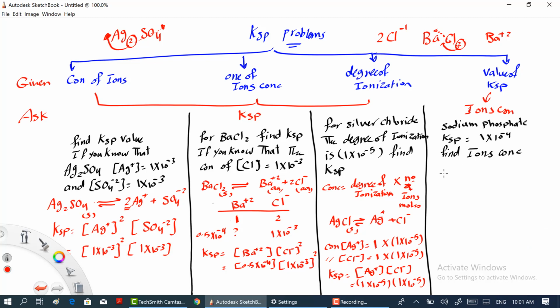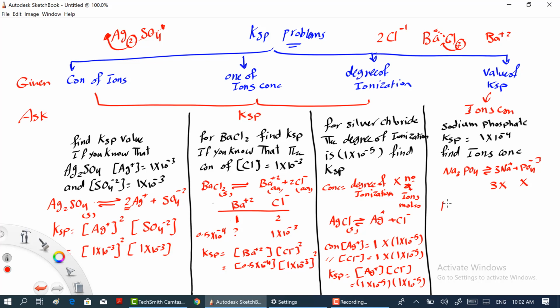Firstly, write the equation: sodium phosphate, Na3PO4, giving to us 3Na positive plus PO4 negative 3. Let's assume that we have x: 3x moles from sodium and 1x mole from phosphate.